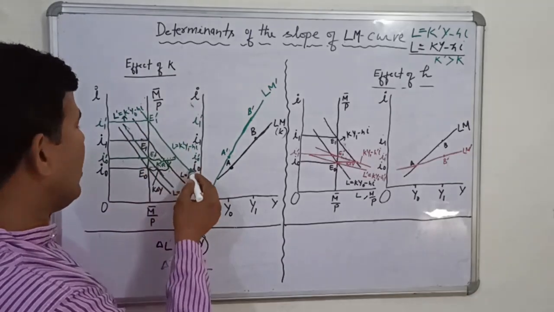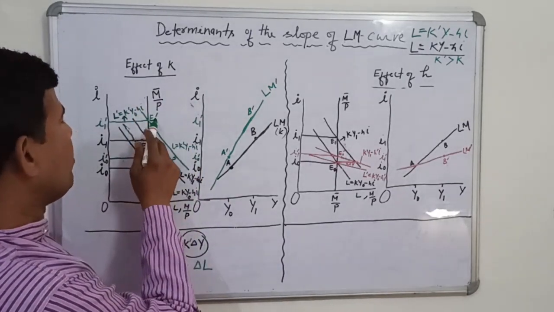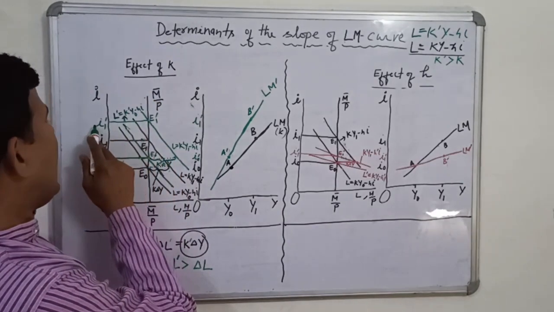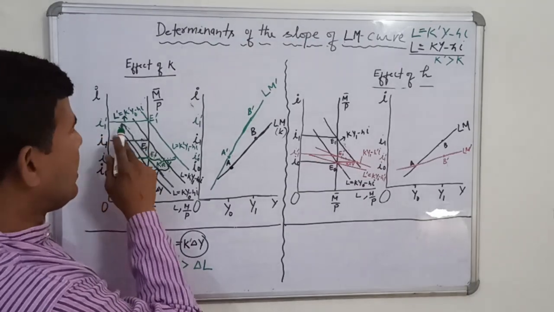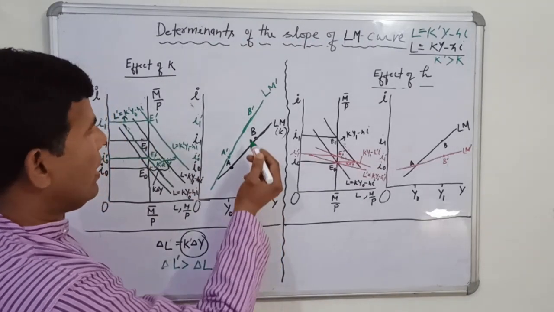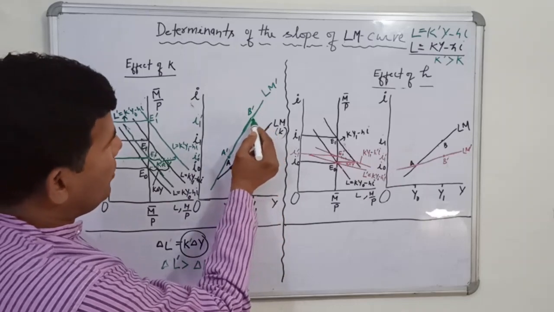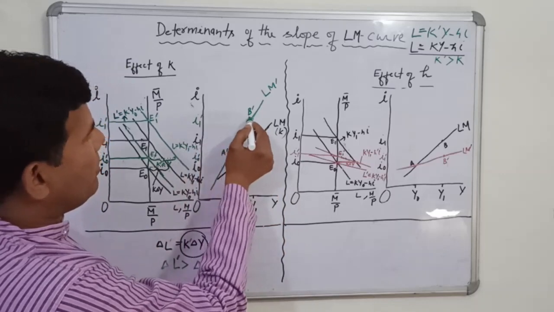Now this money demand line is intersecting the money supply line at E1 prime, and that gives us the I1 prime rate of interest. This I1 prime rate of interest is associated with Y1, and that combination is shown at point B. So this point B is located above Y1 and in front of I1 prime.